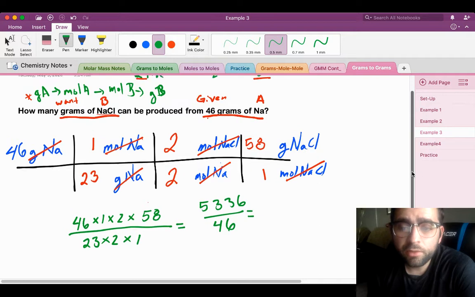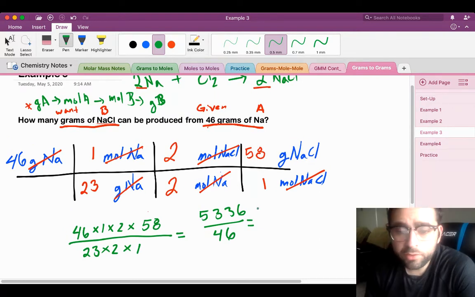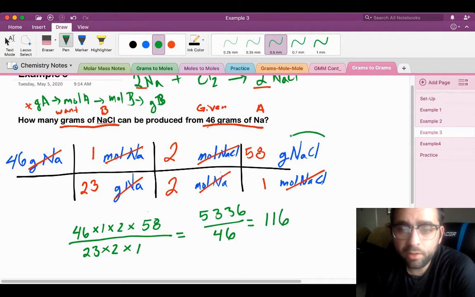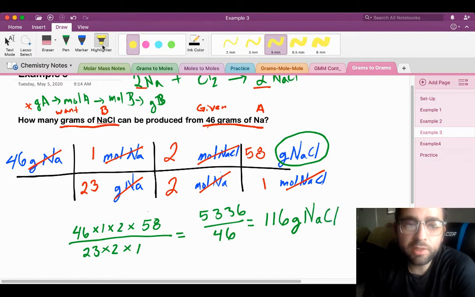So once I divide those, I get total of 116. And again, the unit is whatever I wanted, whatever didn't cancel from the first step right here. So my answer is 116 grams of NaCl.